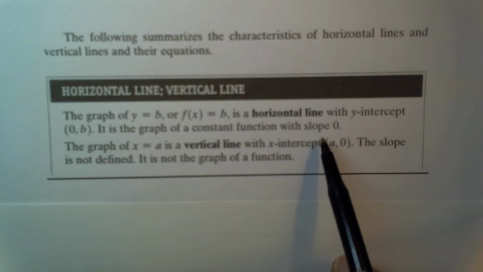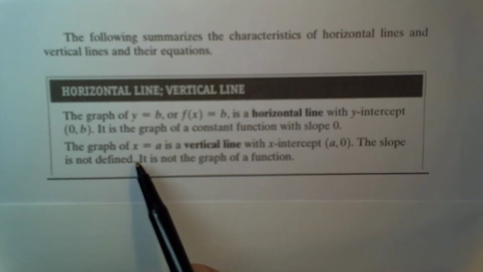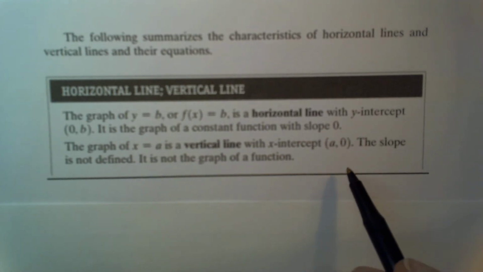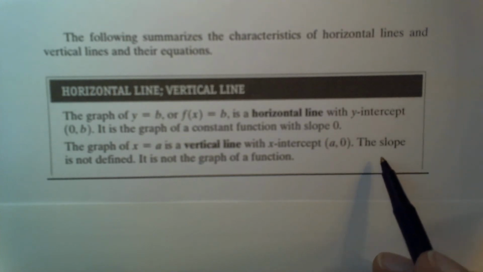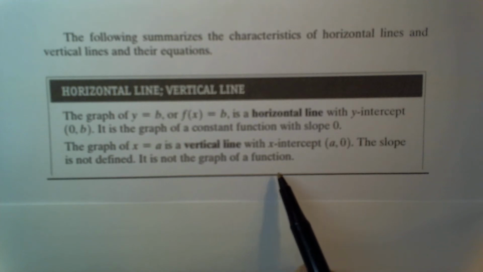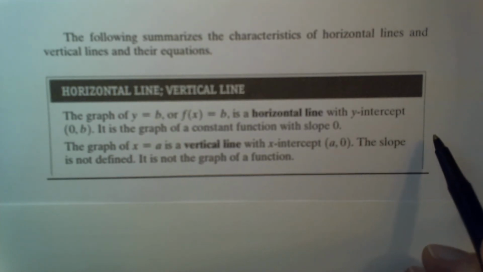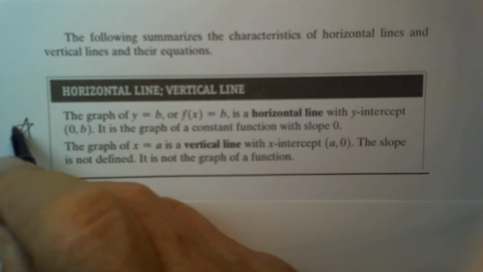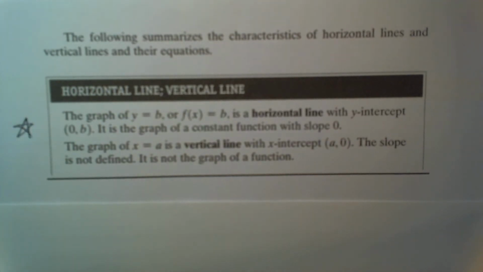Horizontal lines have slope 0, we know that. And then the graph of x equals a is a vertical line with x-intercept a, 0. The slope is not defined. It is not the graph of a function. So you definitely want to remember and memorize these points about horizontal and vertical lines.